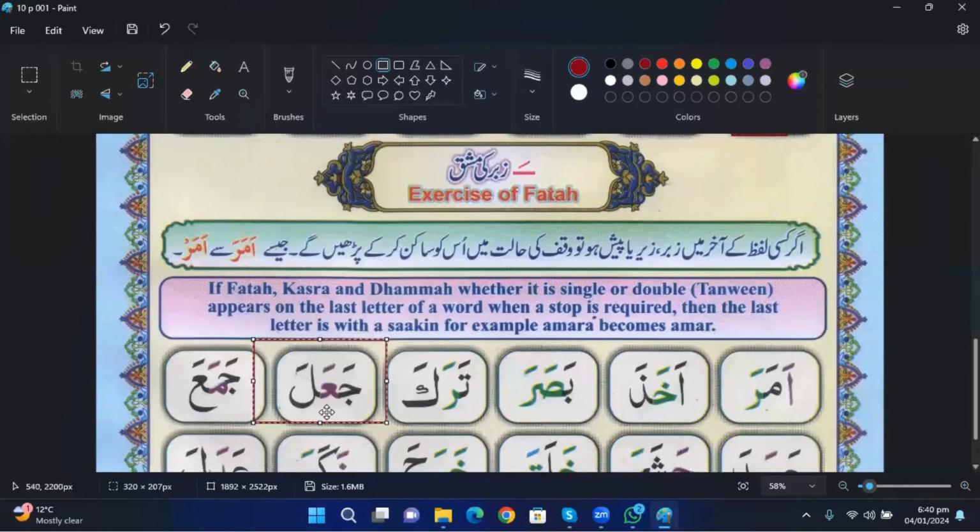So here, here's the word: Hamza Fatha A. Then you can ask them what this letter is. They already learned the shape, so they will say it's Mim Fatha Ma. And then the next letter is Ra Fatha Ra. You can even select a color from here, like green for heavy letters too.